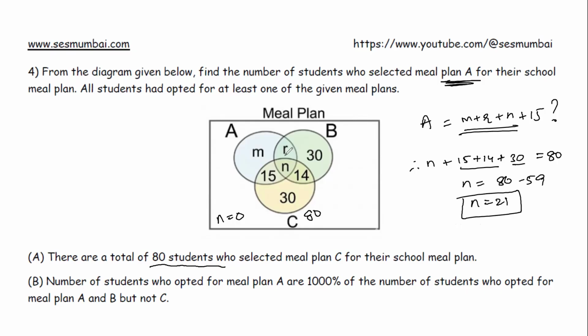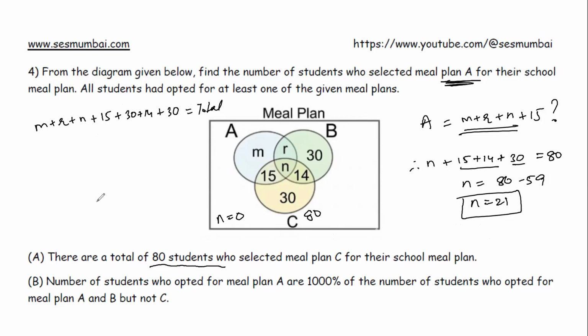But then we can't find R and M because there's no other information shared with us, correct? So from the first statement, we come to know N is equal to 21. Now, from the given diagram, we know that M plus R plus N plus 15 plus 30 plus 14 plus 30 is the total.